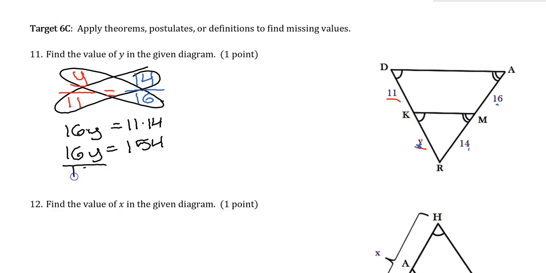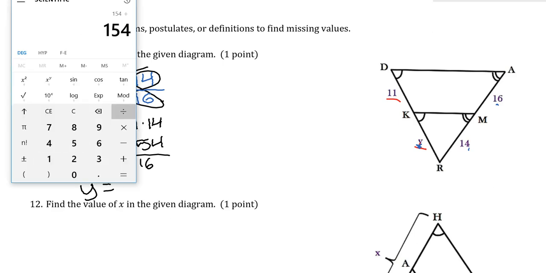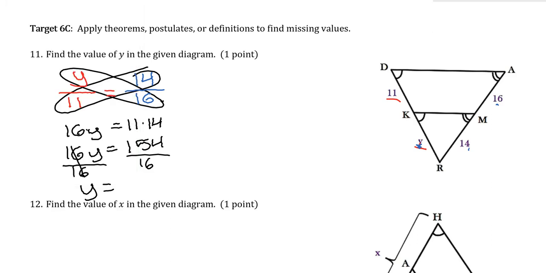And I'm going to divide both sides by 16. Right. So y equals 154 divided by 16, which is 9.625. Icky number, but that's okay.